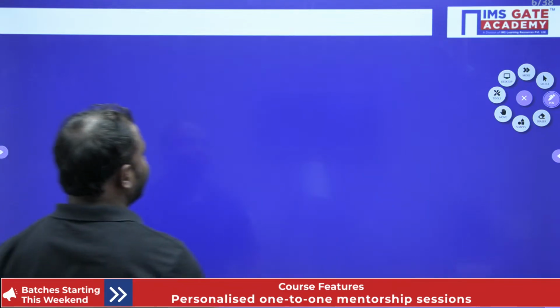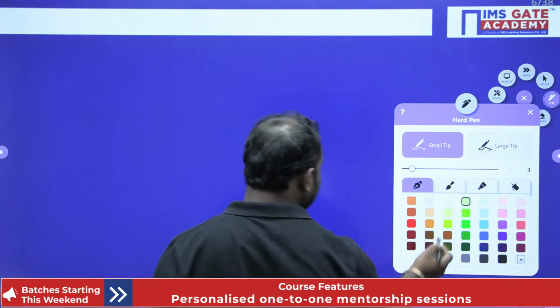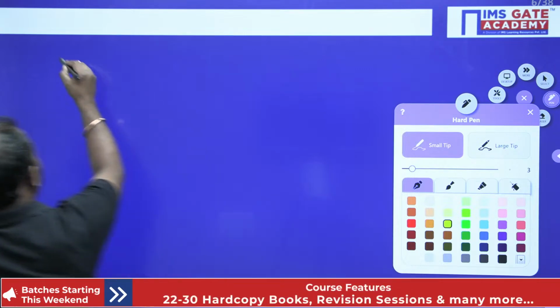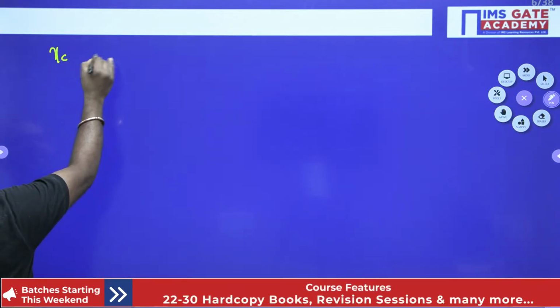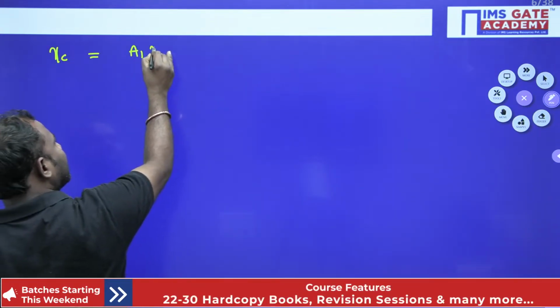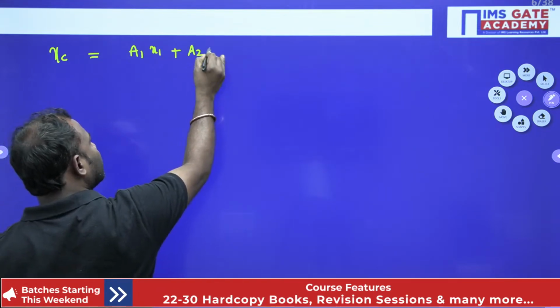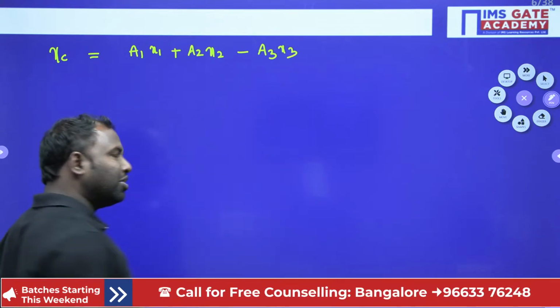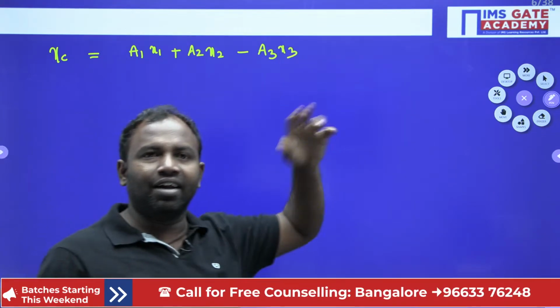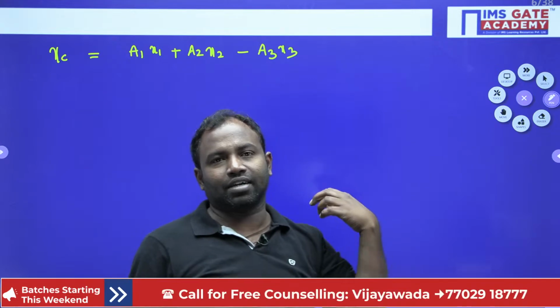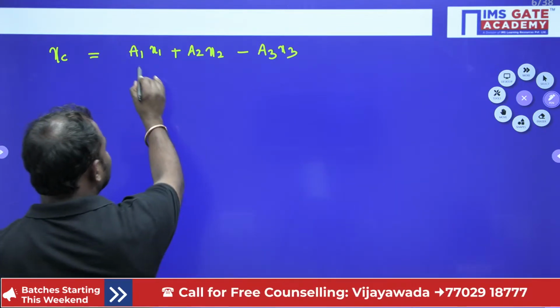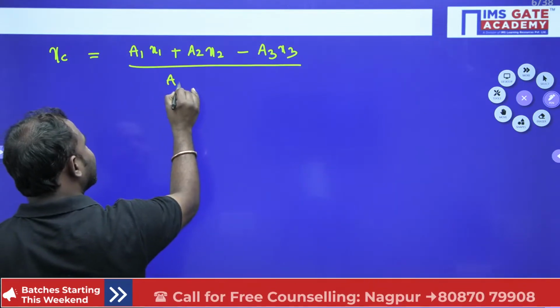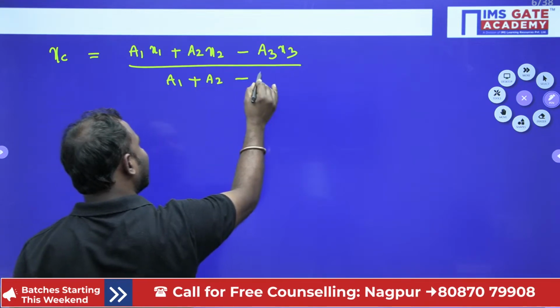For xc it is a1 x1 plus a2 x2 minus a3 x3, divided by a1 plus a2 minus a3. Why? Because we add the triangle and rectangle, and deduct the circle.